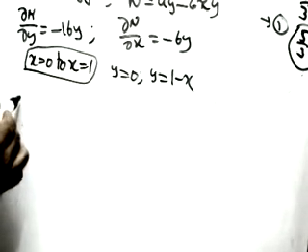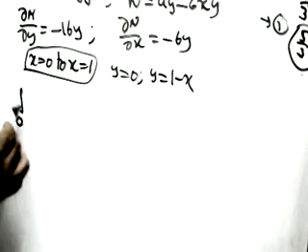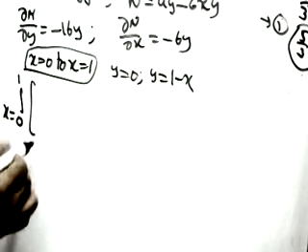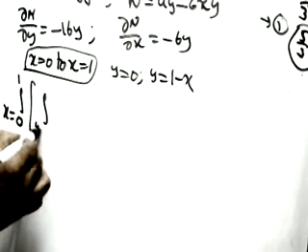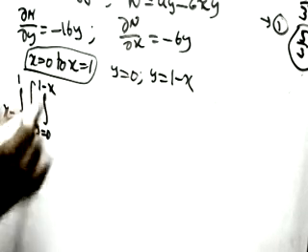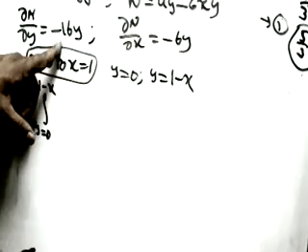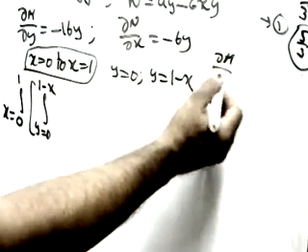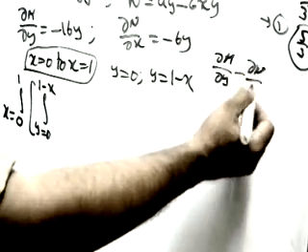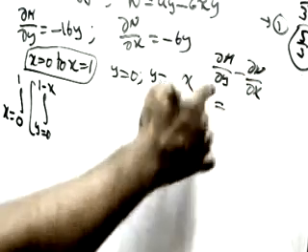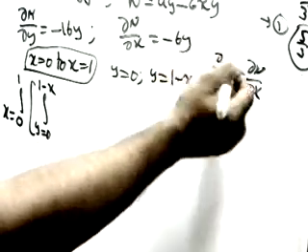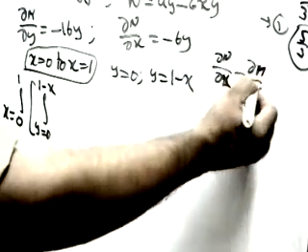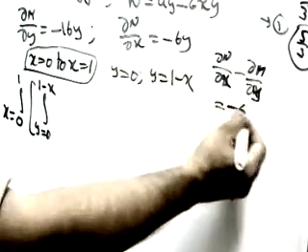So let me solve this one. Constants you have to write outside. Integration of x from 0 to 1. Now we write integration of y equals 0 to 1 minus x, of dou N by dou x minus dou M by dou y.